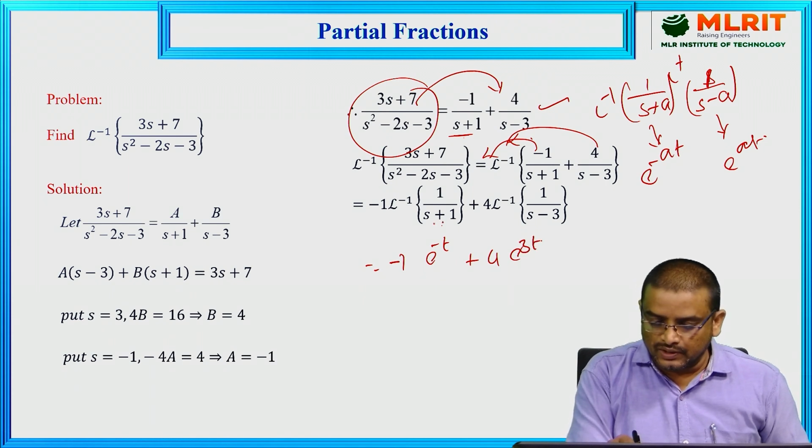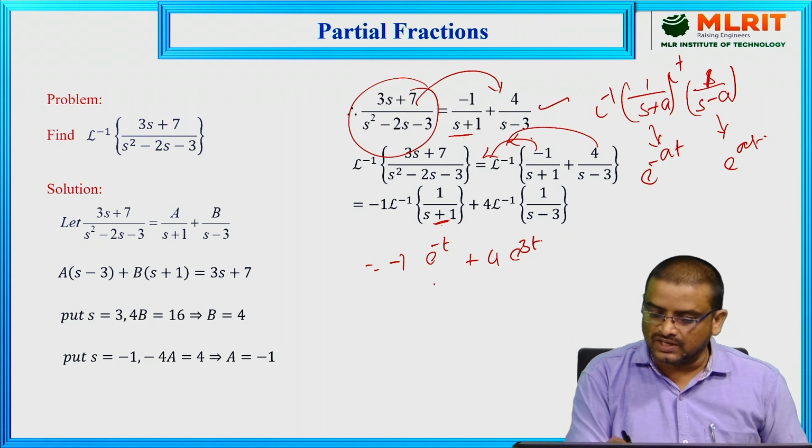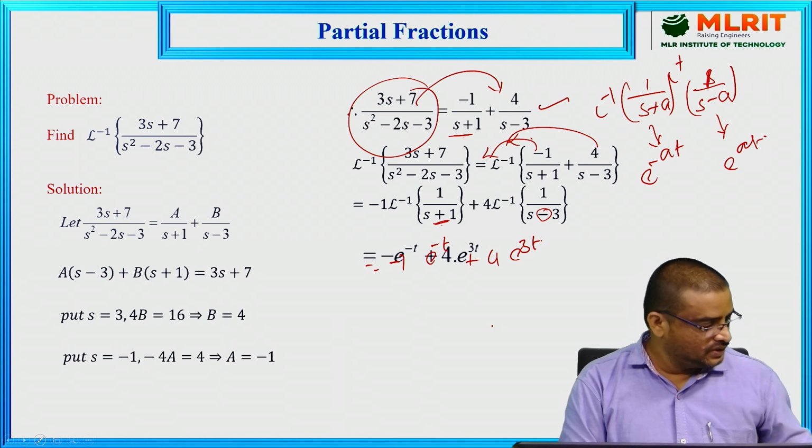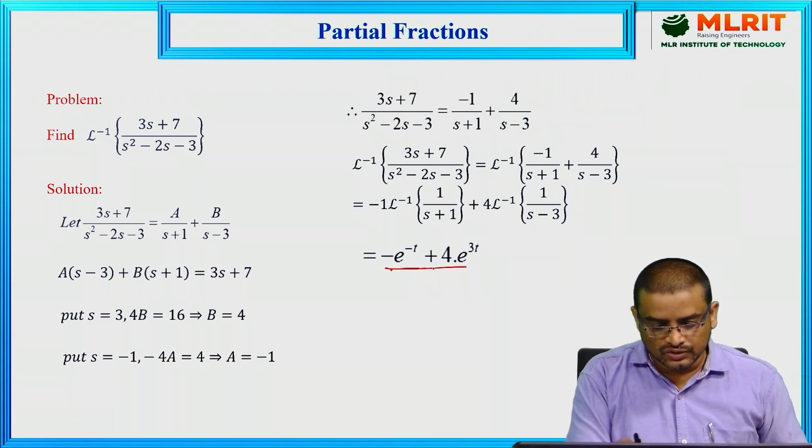So if you have a positive sign, then the power of that exponential function becomes negative. If you have a negative sign, then we will get a positive power for the exponential function. So this is the way we can use it.